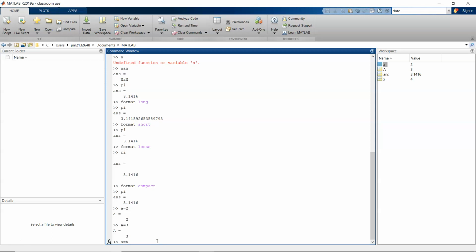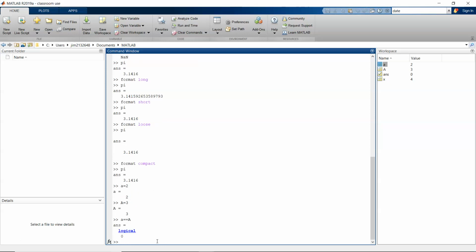MATLAB does have comparison operators. That's a double equal sign for equal. If you want to ask, is little a equal to uppercase A, you put a double equal sign on it. If x equals y, etc. If little a exclamation point equals, that's how, or I'm sorry, is that right?